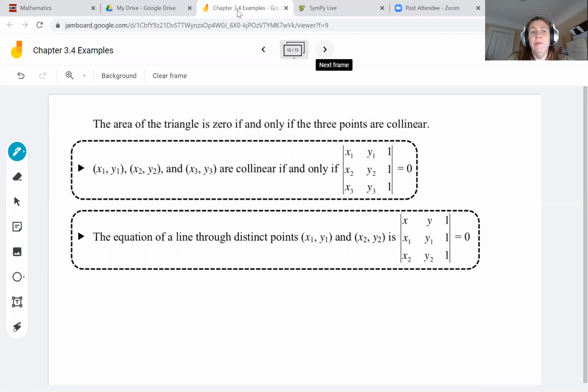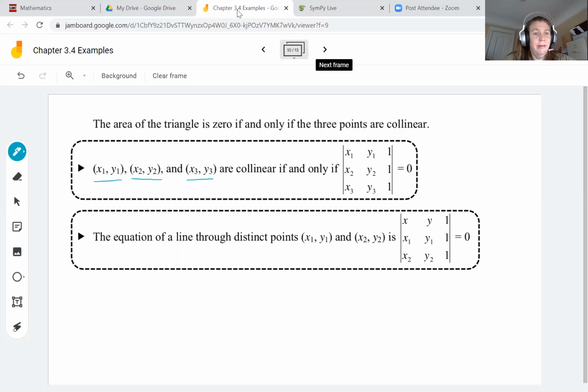All right, and then of course the area of the triangle is 0 if and only if all 3 points are collinear, meaning they all lie on the same line. So you can verify points are collinear if and only if this determinant with the ones in the third column equals 0.